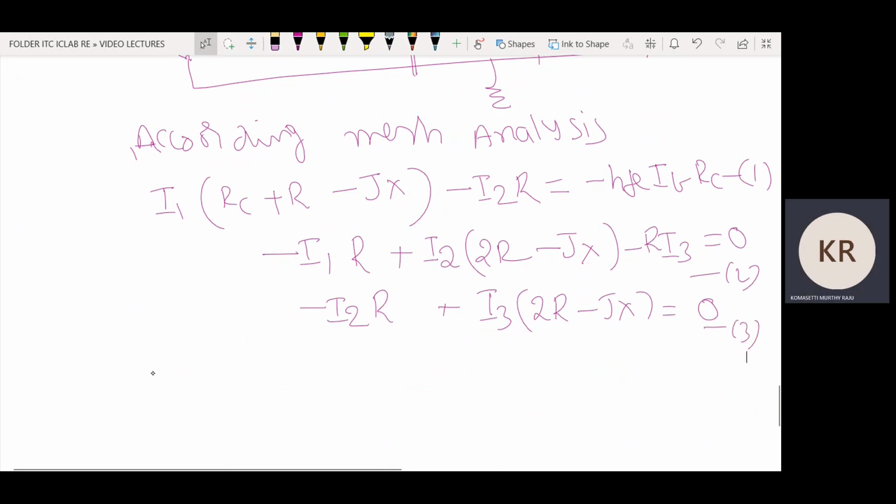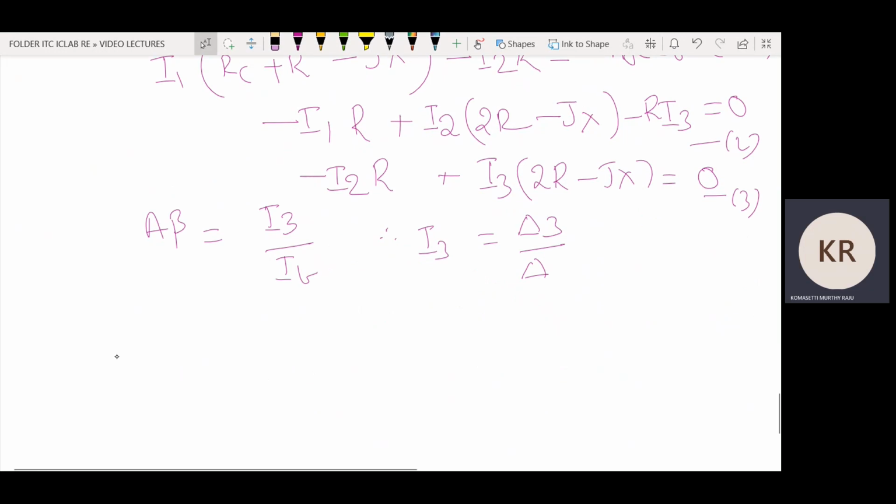The loop gain A beta is equal to the output current I3 by IB. But I3 is equal to, according to Cramer's rule, delta 3 by delta. From these three expressions, we are now concentrating on the calculation of delta.